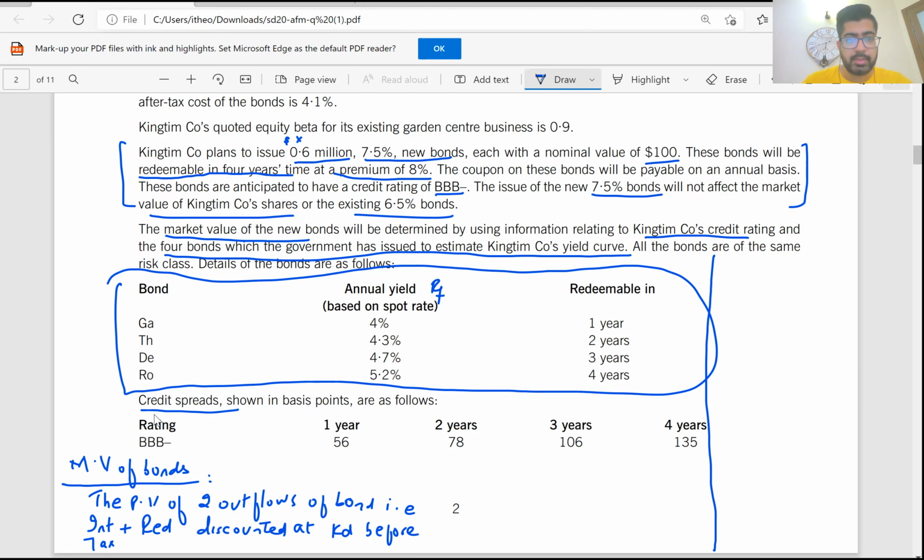So this bond is redeemable in 4 years' time: 1, 2, 3, 4. It will run for 4 years.